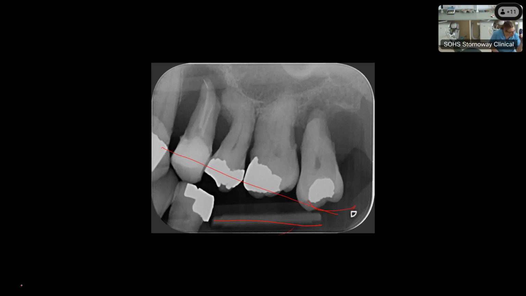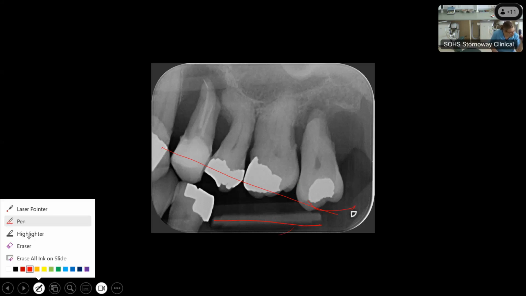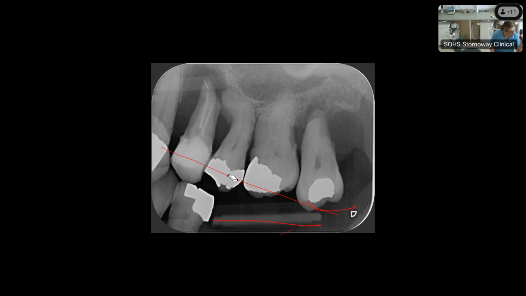Okay, which teeth do we think we're looking at here? Lindsay: I just said that was like 2.8, 2.6, 2.5, 2.4, and the distal of 2.3.